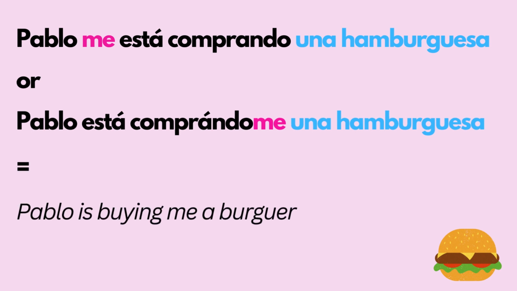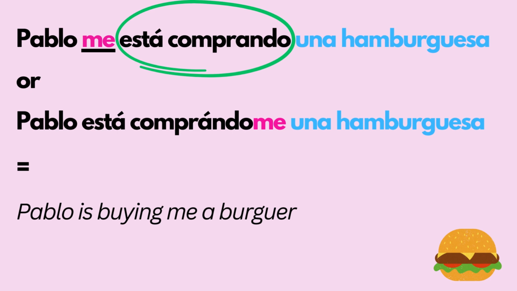Once more, we have two versions of the same sentence, and in the first version, Pablo me está comprando una hamburguesa, we have the verb estar followed by the verb comprar, and the indirect object pronoun me is placed before estar, which is conjugated as está. In the second version of the sentence, Pablo está comprándome una hamburguesa, we can see the rule repeating.